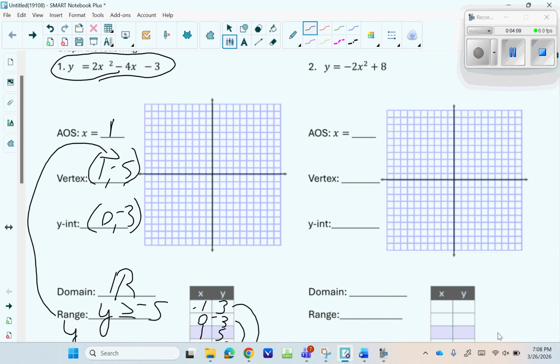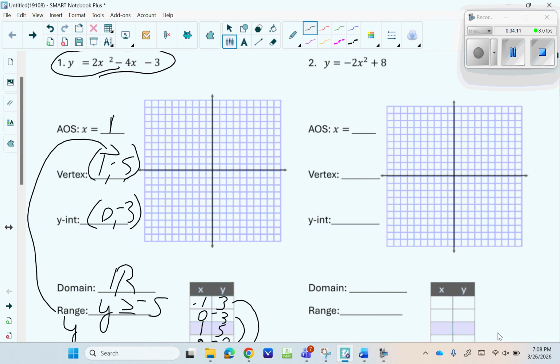So I'm just going to plot my points. I like to start with the vertex. So 1, 2, 3, 4, 5. Oops, sorry, I wrote that down wrong, didn't I? It's 1, -5.